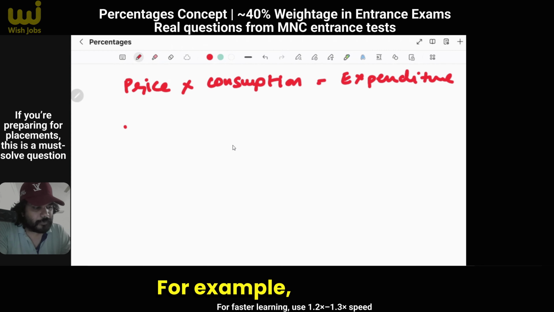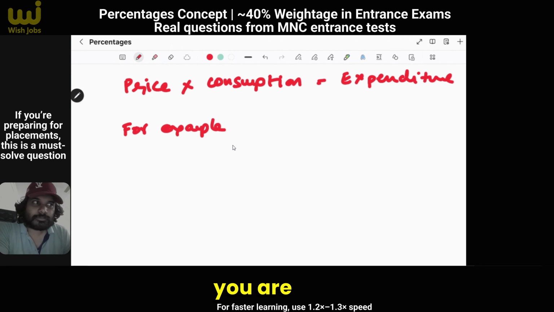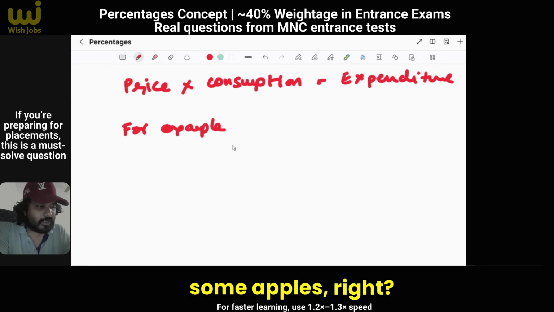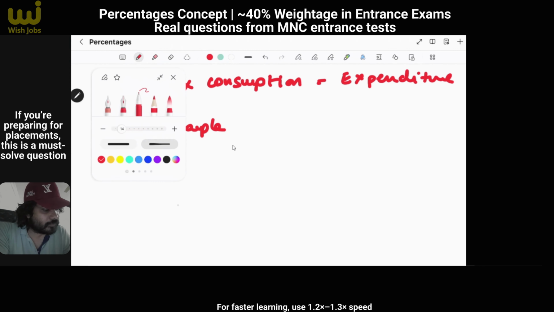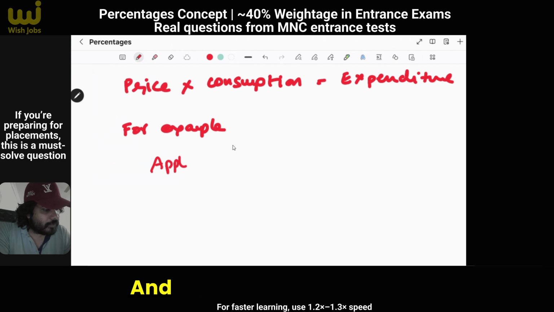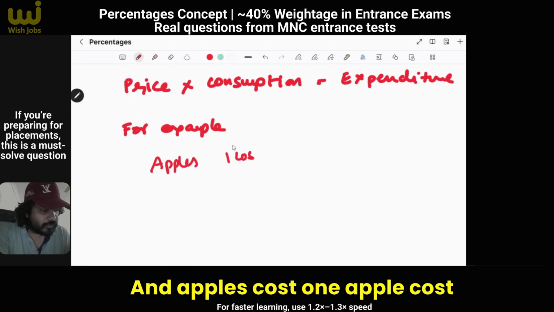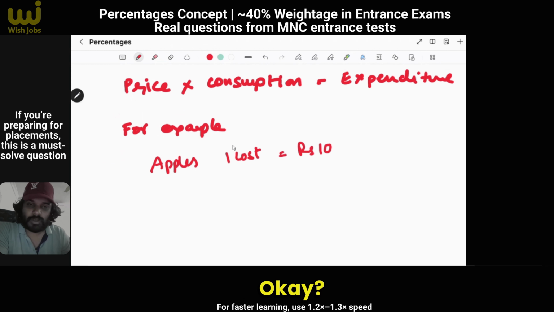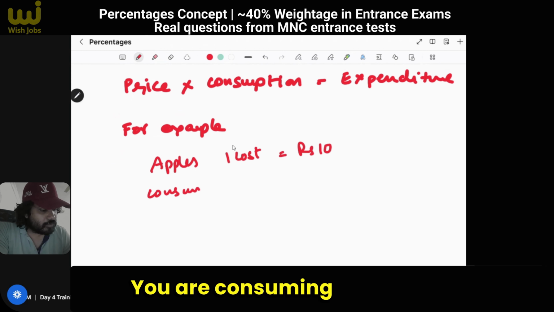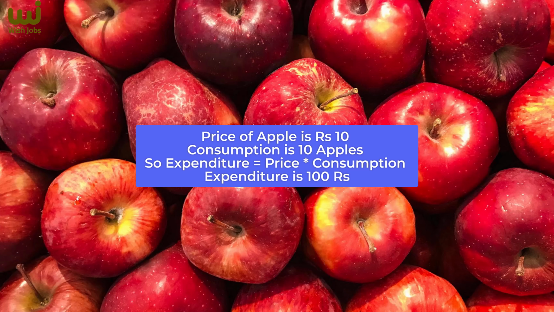For example, you are eating some apples, and one apple costs rupees 10. You are consuming 10 apples. The total expenditure would be 10 into 10, which is 100 rupees you need to spend.